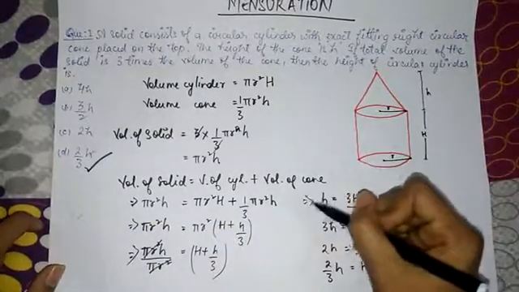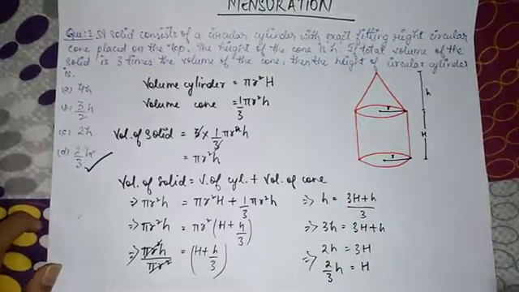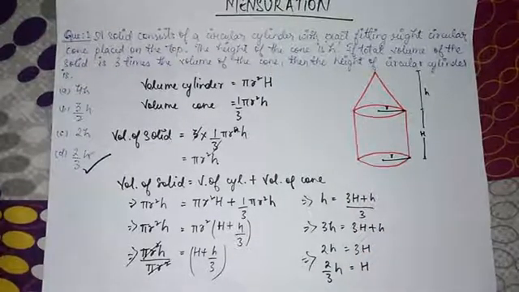Okay, so let me just explain once again. In the question it was given that there's a solid which contains a cylinder at the bottom and on the top there's a cone. The height of the cone was given as small h. We assume the height of the cylinder as capital H because we had to find it out. And it was also given that volume of solid is 3 times volume of cone.